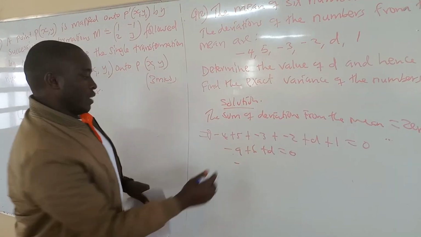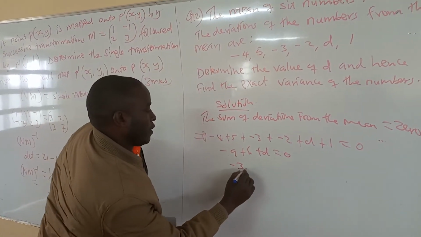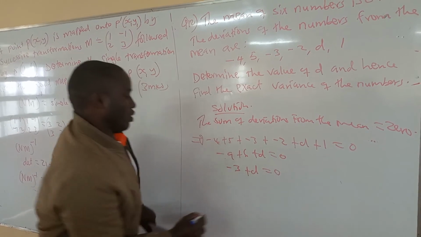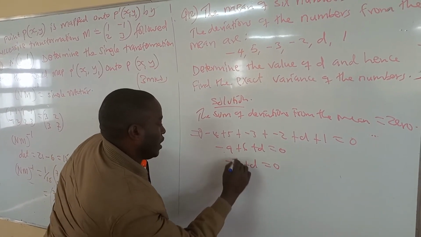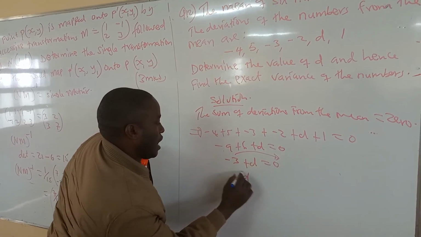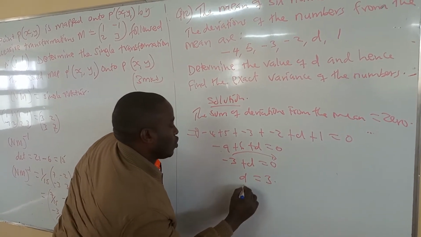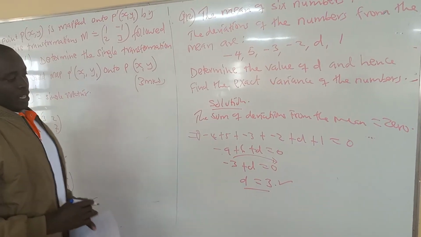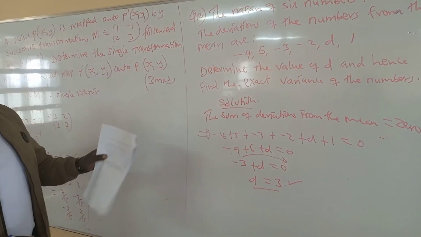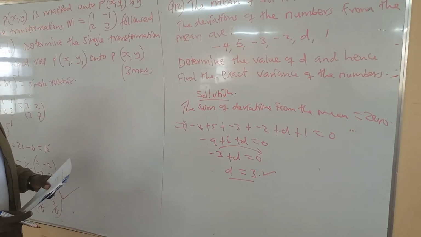So this gives you -3 plus d equals 0. If I take the 3 to the other side, I remain with d equals 3. That is 1 mark there, and there is another mark from above because it had 3 marks.